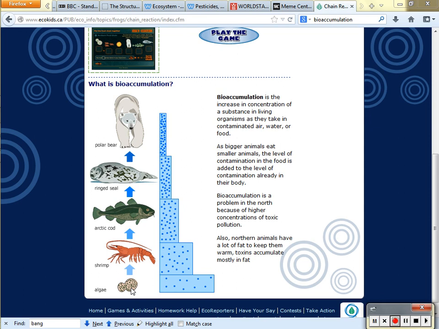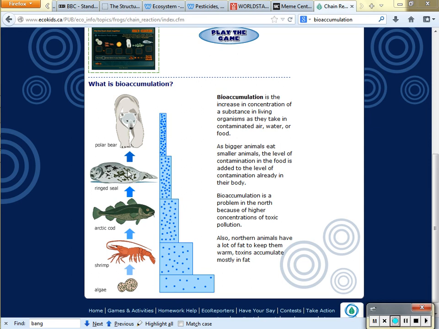Then those shrimp go and eat 10 or 15 of that algae. So now they have like 100 drops of poison in them, and they're not going to die. It's not deadly to them yet. And then the fish goes and eats about 30 shrimp, so now he has like 300 drops of poison in him.